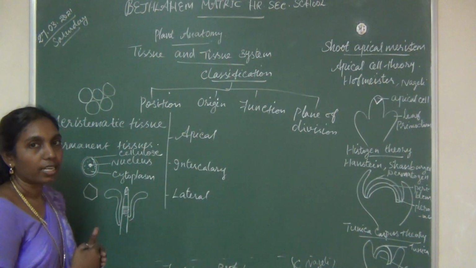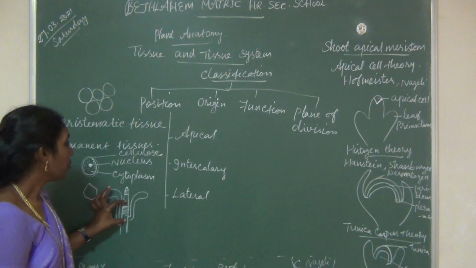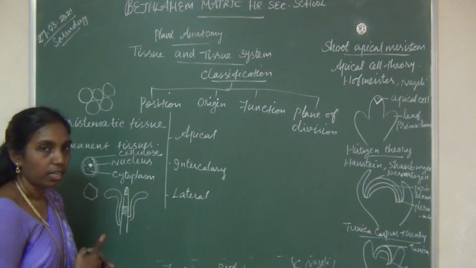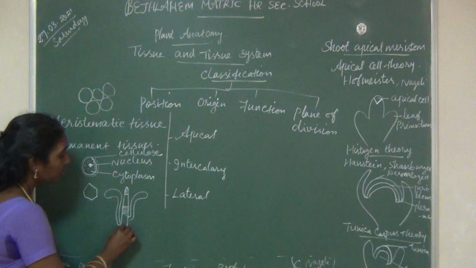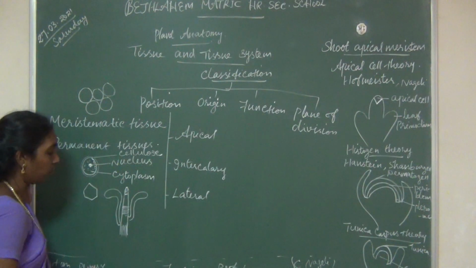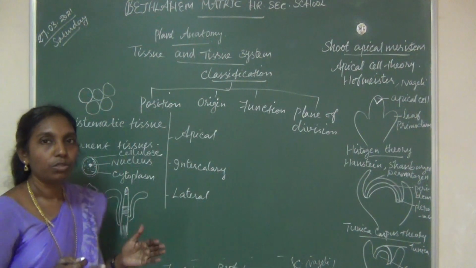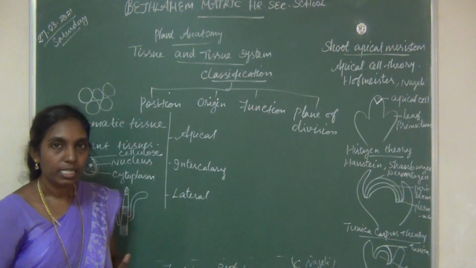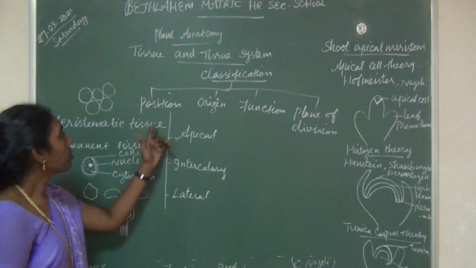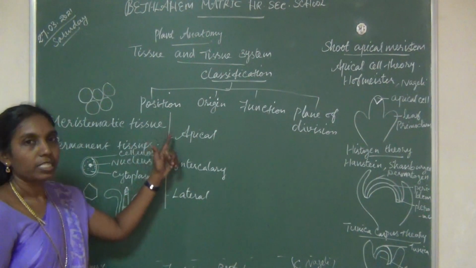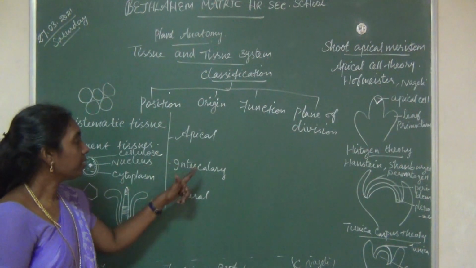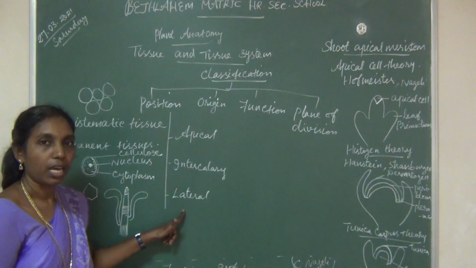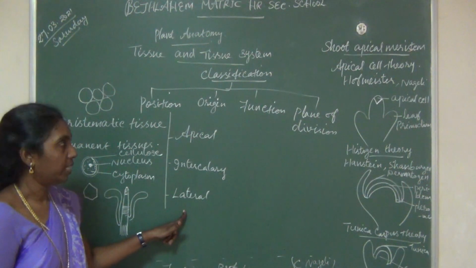The intercalary meristem helps to elongate the internodal region. And the lateral meristem is used for secondary growth and helps to increase the width of the stem. So these are the meristematic tissues based on position: apical meristem, intercalary meristem as well as lateral meristem.